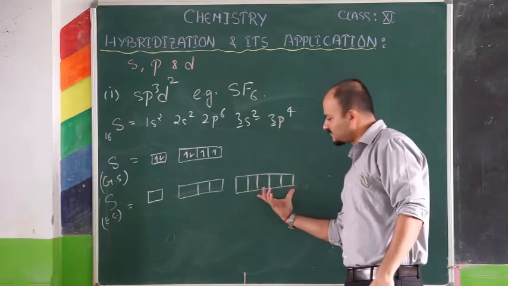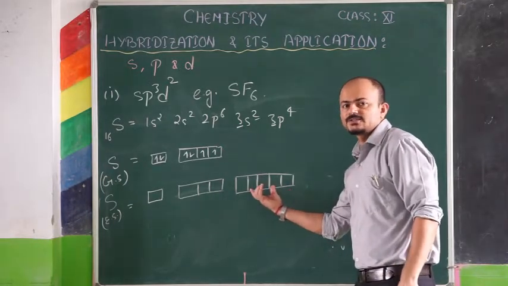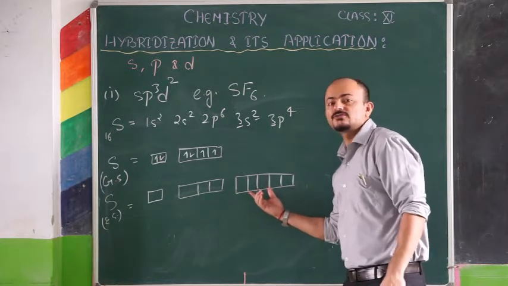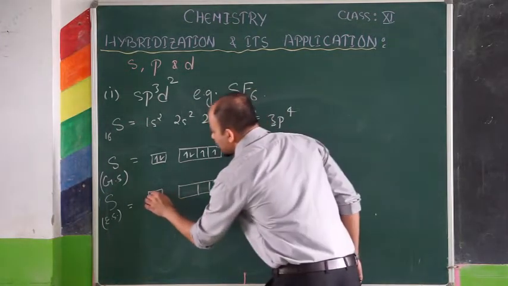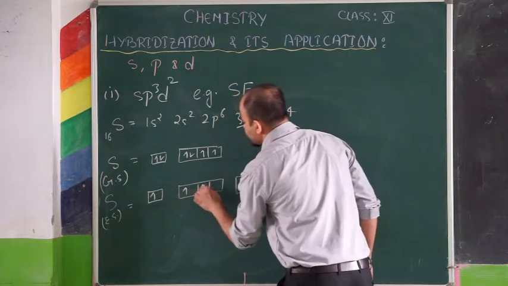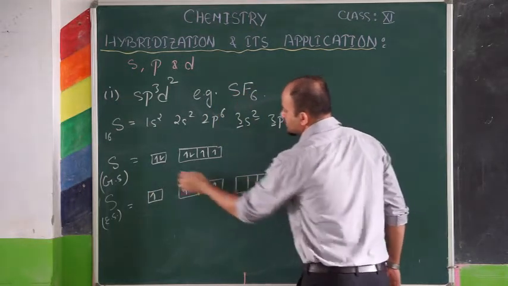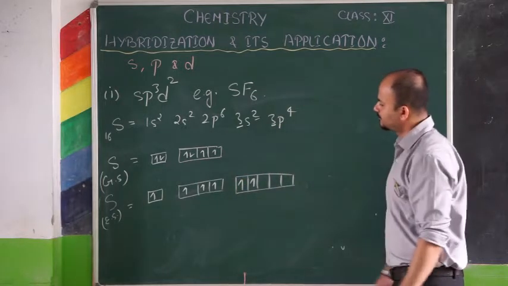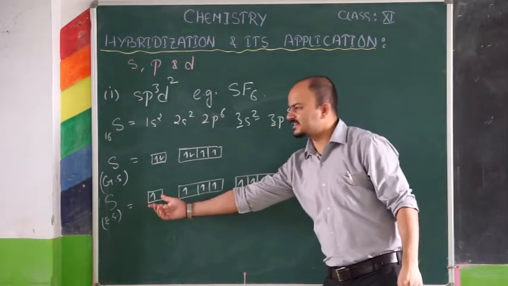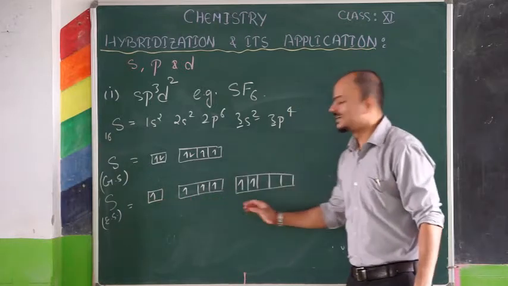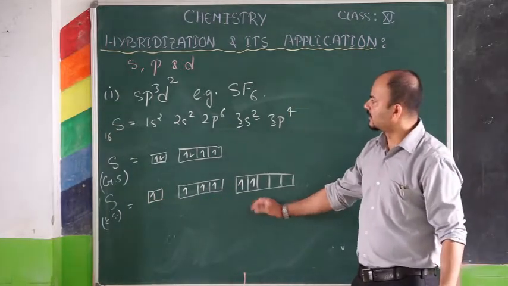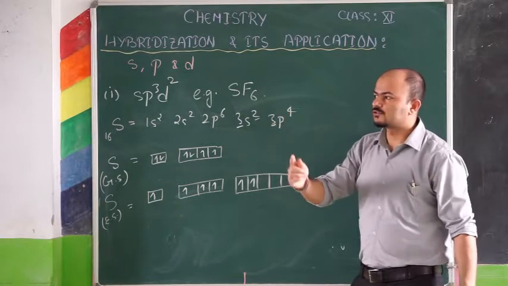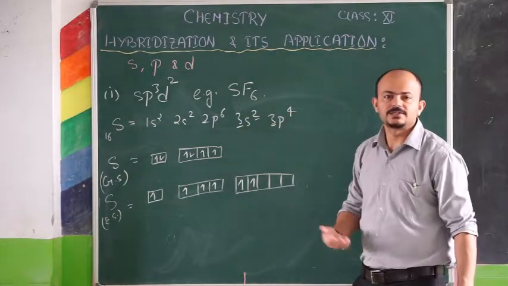Here it has d orbitals and electrons are not present there. Therefore, electrons will be shifted to the d orbitals, 1 electron from here and 1 electron from here. So in the excited state, how many unpaired electrons will sulfur have? 6 unpaired electrons. Now fluorine needs 1 electron to complete its octet and become stable.